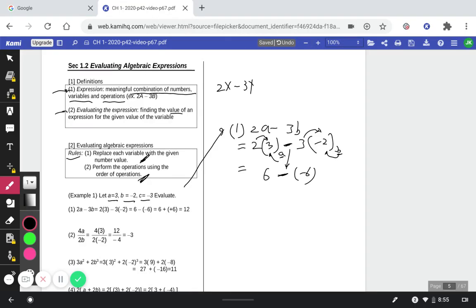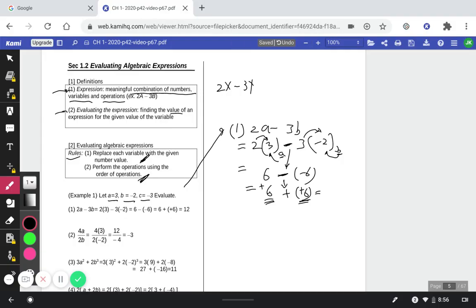Now you do the subtraction of signed numbers. Whenever you have a minus, what do you do? You keep the first one, change minus to plus, change -6 to +6. When you have a 6 alone without the sign, it is positive. So do you have the same sign or a different sign? Same sign.